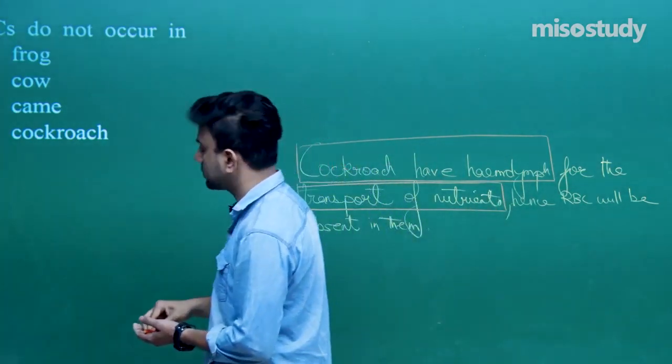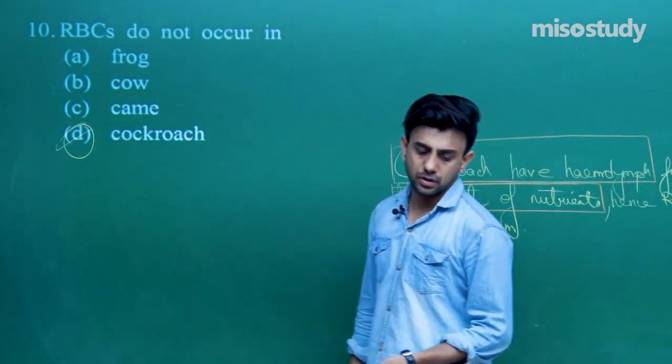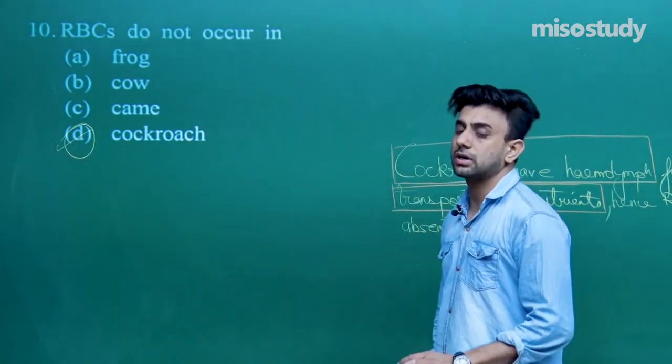So the answer for this will be cockroach. Yes, RBCs do not occur in cockroach.